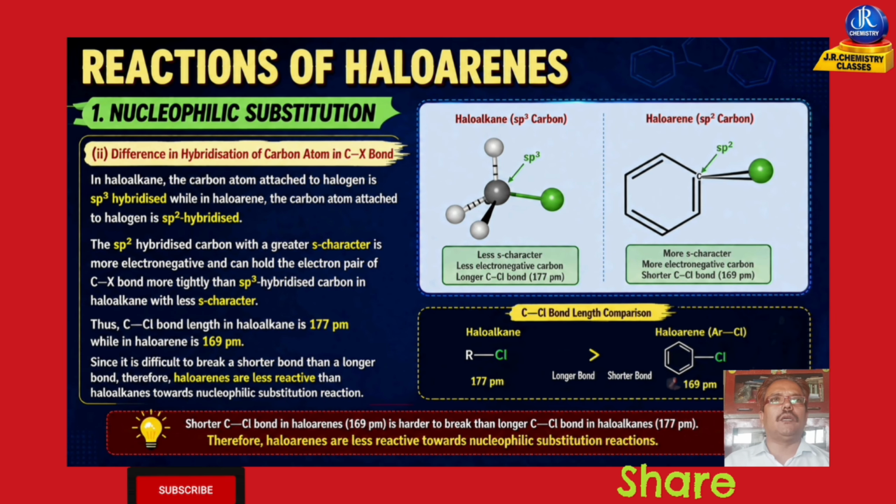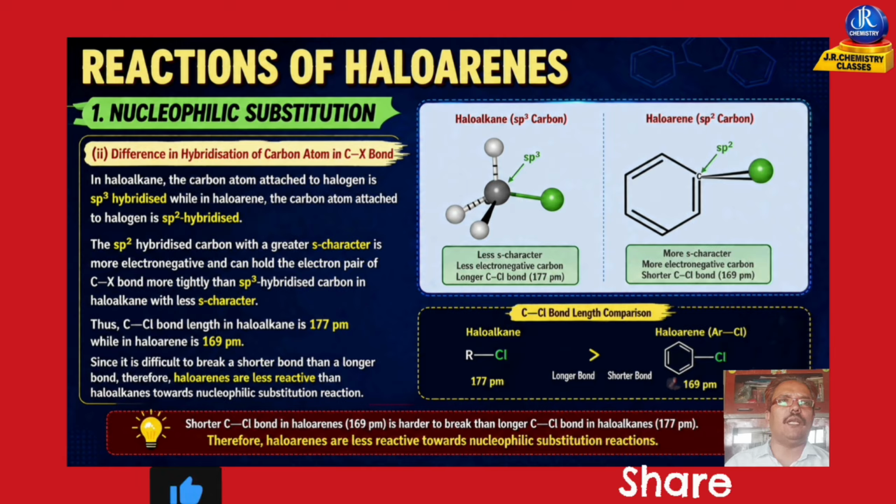substitution reaction. Number two is difference in hybridization of carbon atom in carbon-halogen bond. In haloalkane, the carbon atom attached to halogen is sp3 hybridized, while in case of haloarene, the carbon atom attached to halogen is sp2 hybridized.